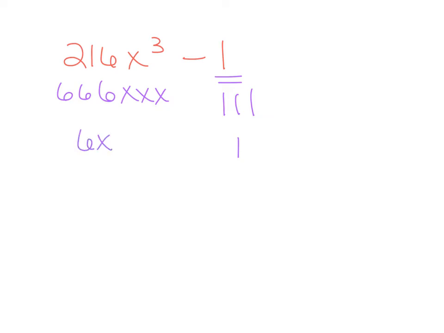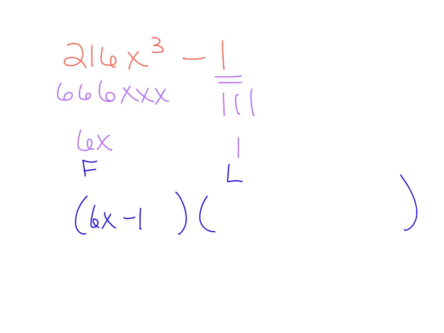Okay? All right, so since I found that it is a difference of two perfect cubes, that means this 6x is my first term, and the 1 is my last term, and it's the difference. So it's going to be the first minus the last, because it's the same operation as the actual problem. So it's going to be 6x minus 1.